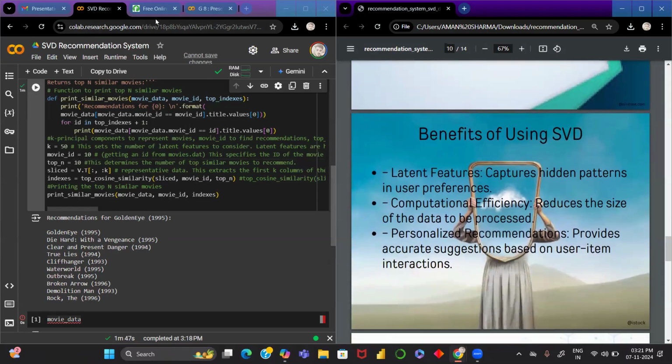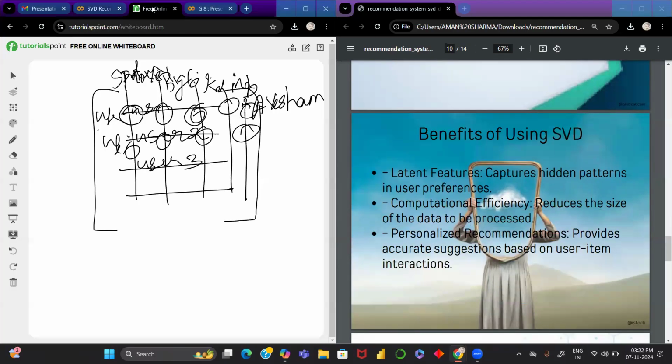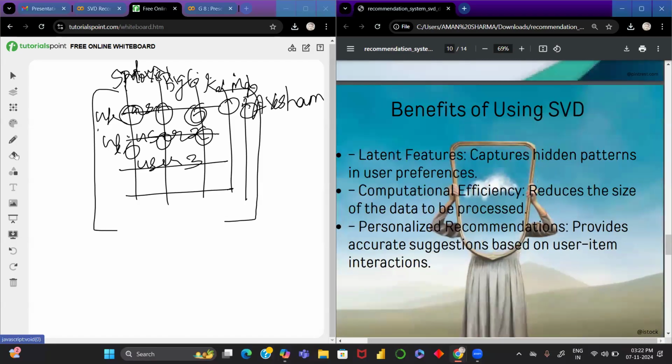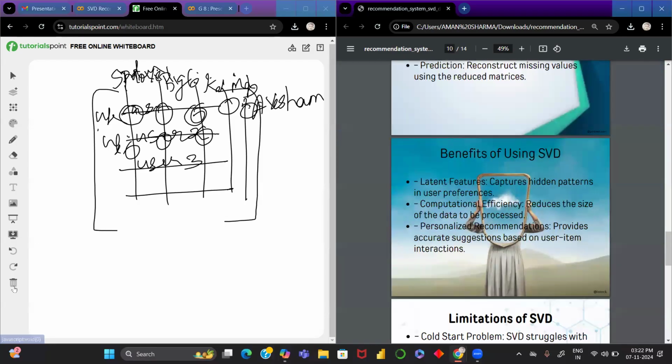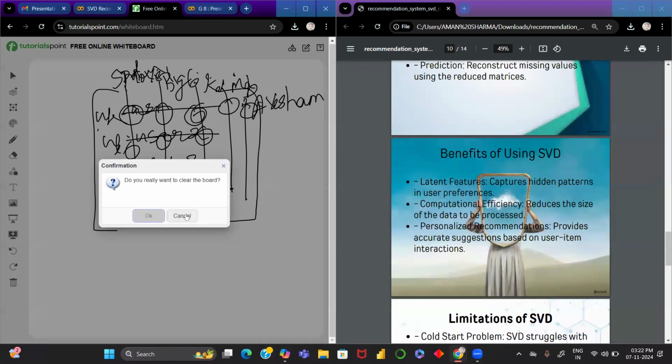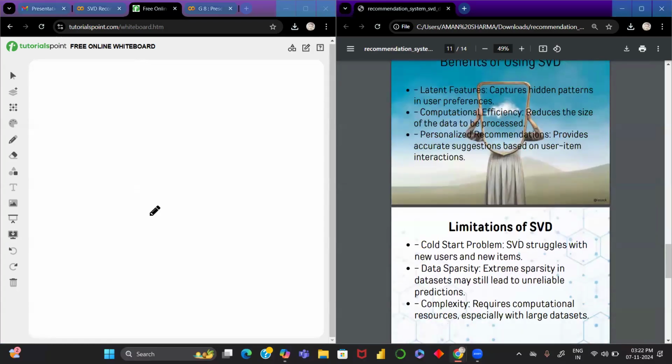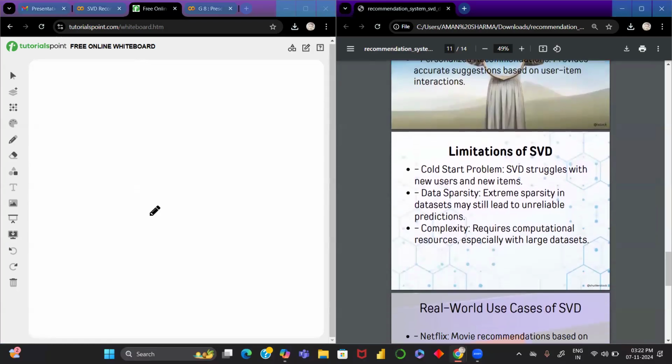And now the benefits of using SVD. One of the benefits is latent features, that is, we can predict the hidden patterns and hidden parts of the matrix or the reviews. Computational efficiency means reducing the size of the larger data to be processed, and personalized recommendation provides accurate suggestions based on user interactions and user reviews. There are some limitations for SVD.